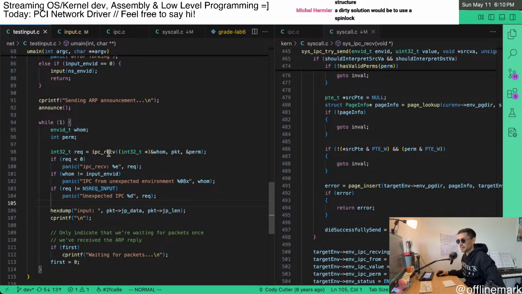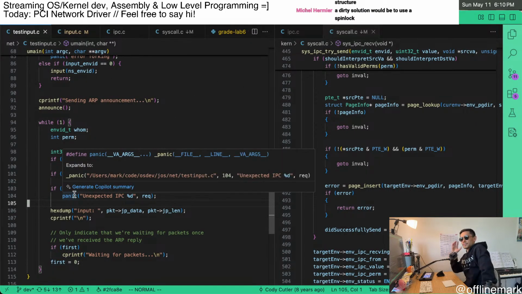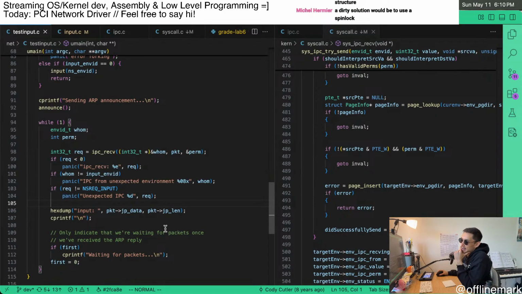It gets the mutex here, writes it, releases it, and then we're in the same situation. A dirty solution would be to use a spin lock. I still see this challenge even with a spin lock. There's this race.